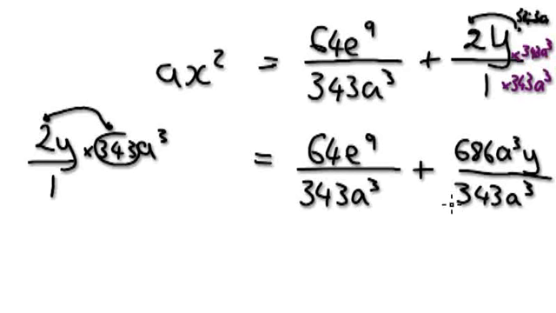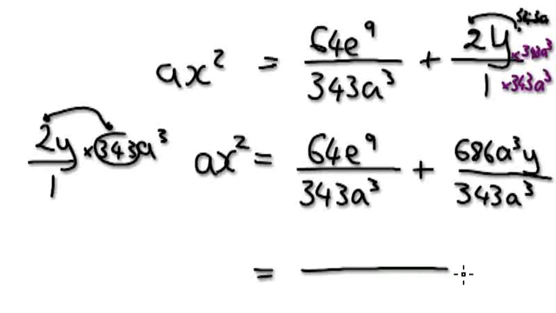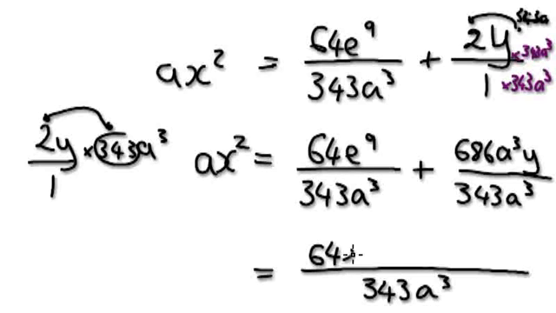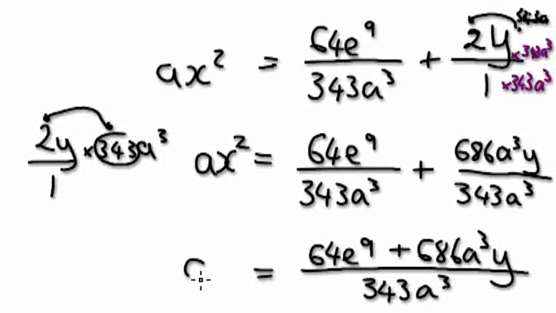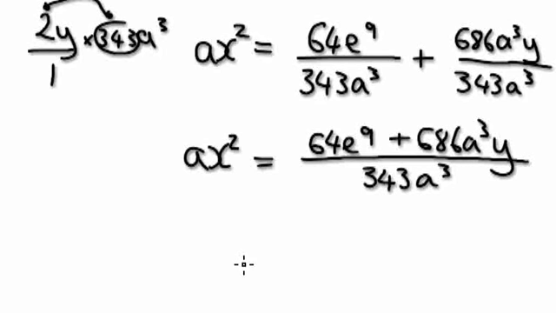Now the two denominators are the same, so we can merge them. 343a to the power of 3, and here it will be 64e to the power of 9 plus 686a to the power of 3 y. Okay, and then on this side is just this.